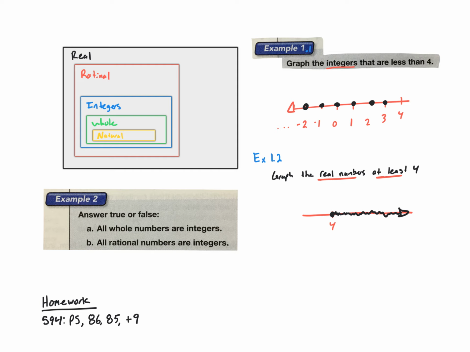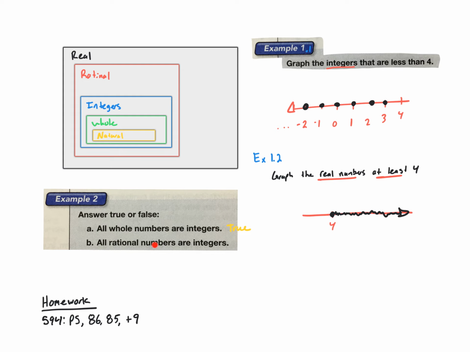Now this is example 2. It says answer true or false. A, all whole numbers are integers. Are all whole numbers, the green ones, integers? Are all of the green inside the blue? Well, the answer is yes, so I would say true. Let's look at the next one.